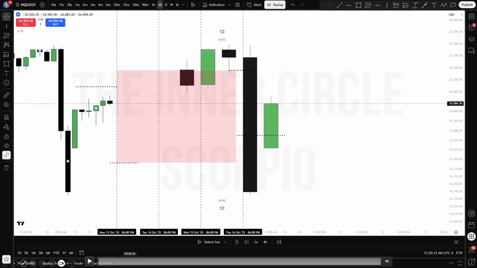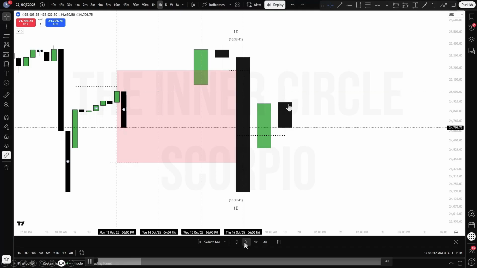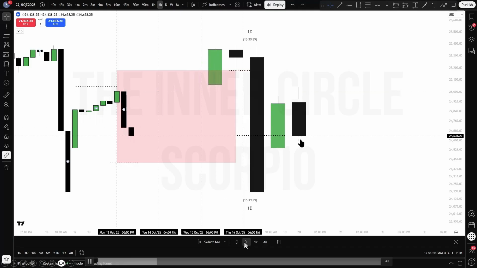Okay, so here you see we have the 4 hour chart, and I added a high time frame indicator showing me the daily chart. As you can see, we are on this bullish candle, which is these 6 bullish candles, and now we'll go towards the next day. The next candle opens, we go up, we go down, we keep going down.